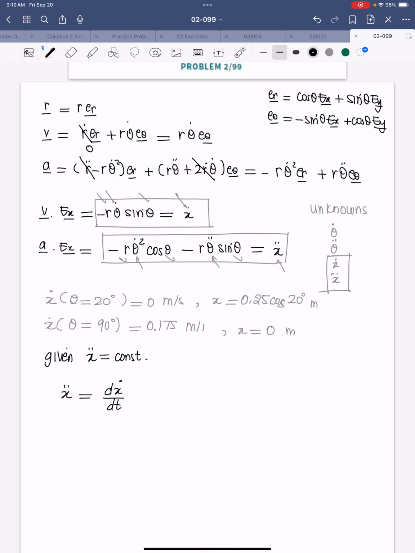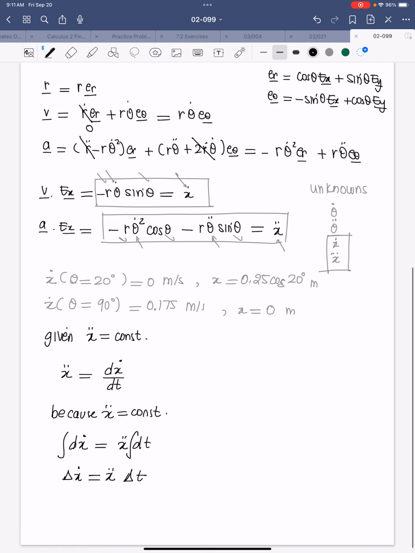Because it's constant, dx dot is x double dot dt, and integrating, delta x dot is x double dot delta t. So x double dot is delta x dot over delta t.